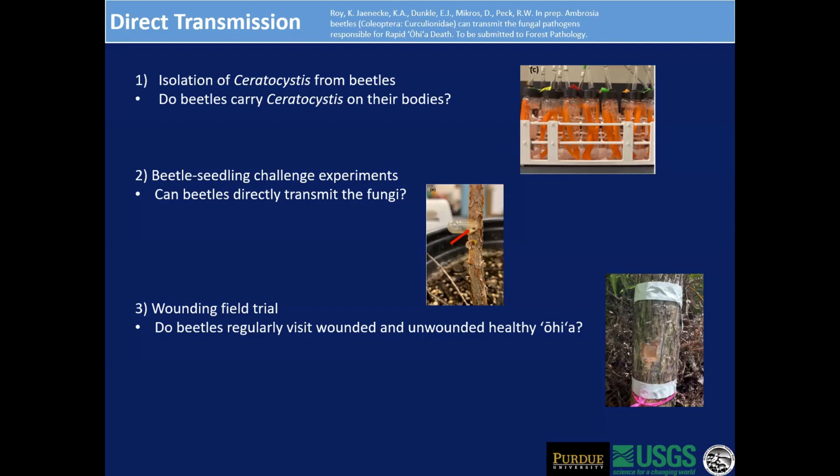The second project was looking at whether beetles could directly transmit the fungi, and we looked at this through challenge experiments, forcing the beetles to attack seedlings. And the final part of the project is a wounding field trial. We wanted to know if we could find ambrosia beetles regularly visiting wounded and unwounded healthy ohia.